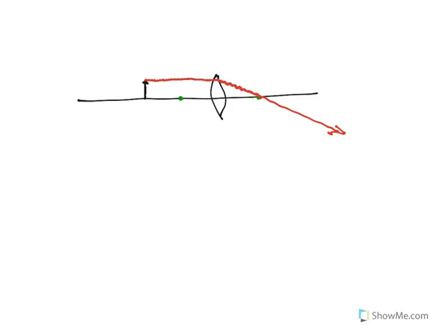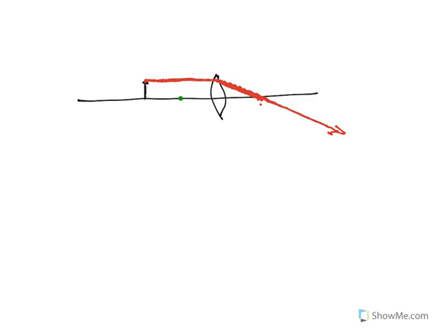Obviously, lenses are transparent. It's made of glass. The light goes through the lens. It's not reflecting off the lens. So when the light comes in and hits the lens, it bends down in such a way as to go through the focal point.